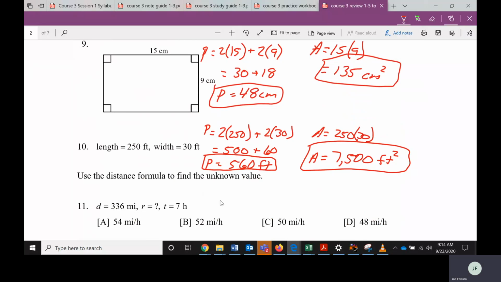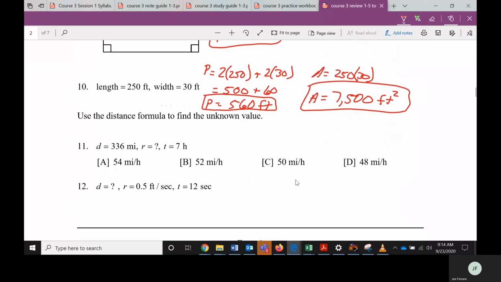All right, so next problem here. Now again, you have this in your notes, but also write it on here. We have 3 different formulas. If we need to find distance, and they gave us a rate and time, we take rate times time equals distance. If we want to find rate, and they gave us distance and time, rate equals distance divided by time.